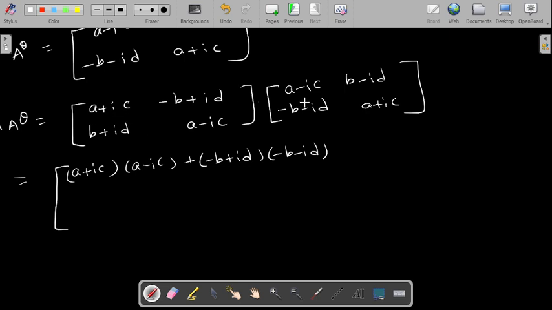Next first row into second column: A plus iC into B minus iD, plus minus B plus iD into A plus iC.